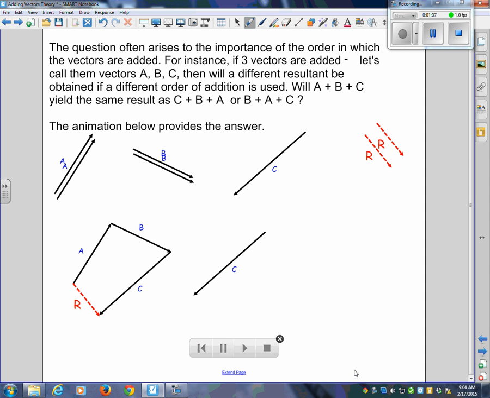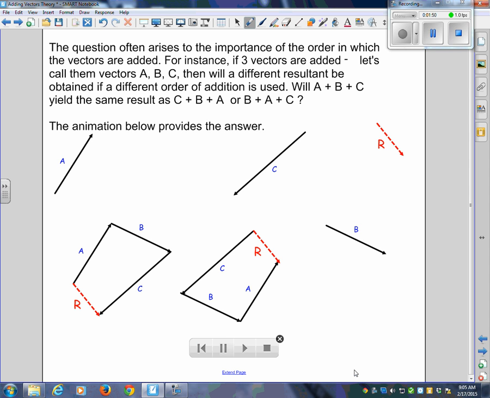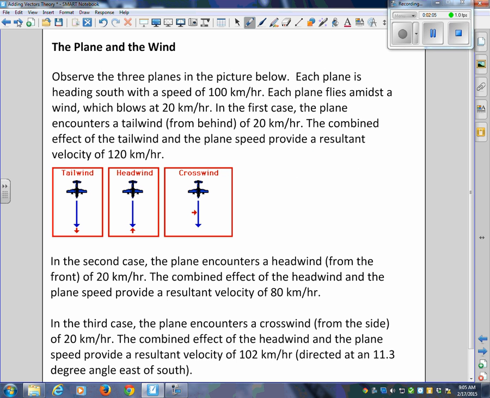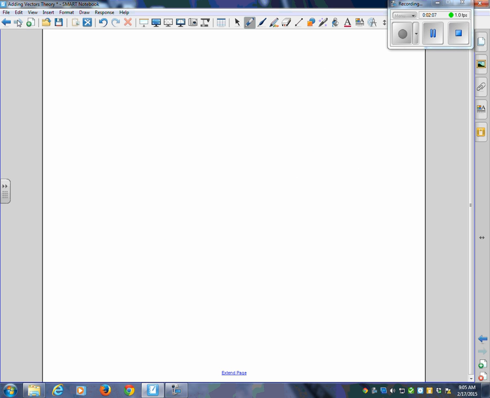Or I start with C first, C plus B plus A. What do you get? Exactly the same resultant. What if I put them in a different order? B plus C plus A. Exactly the same. In other words, your pirate map, you all should have ended up at exactly the same spot.